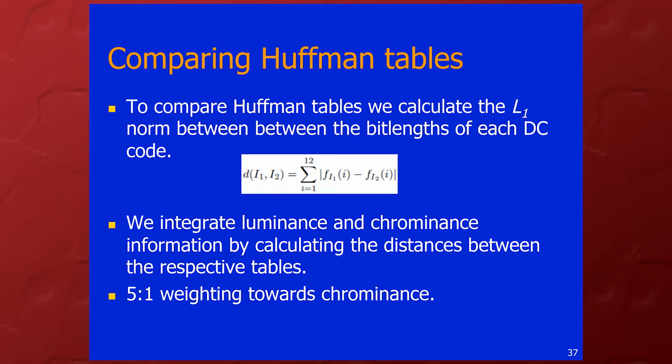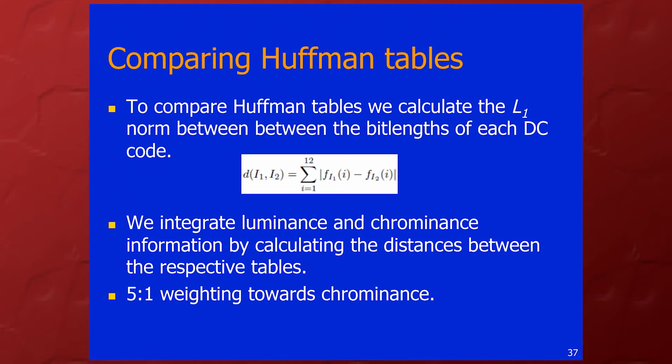So we then thought, there are different norms that we can use to calculate similarity between them. This was based on a simple L1 norm, basically. And we can take advantage of both luminance information and chrominance information, because there's one Huffman table for the Y channel, and there's another one for the Cb and Cr channels. We can also weight it towards chrominance, which usually gives us better results.